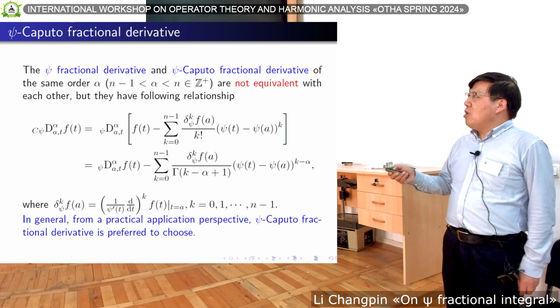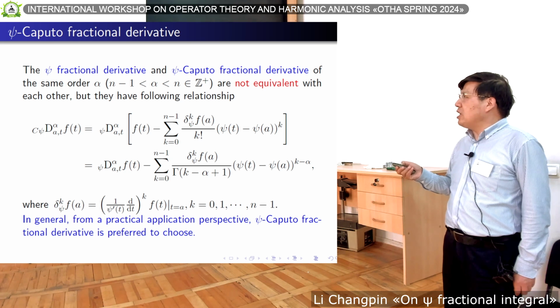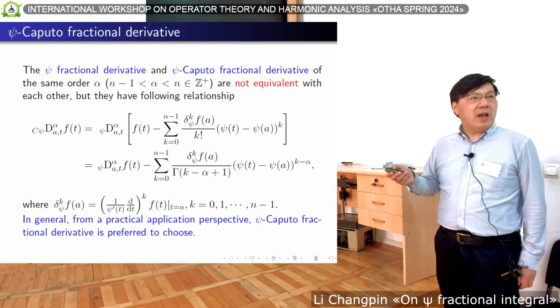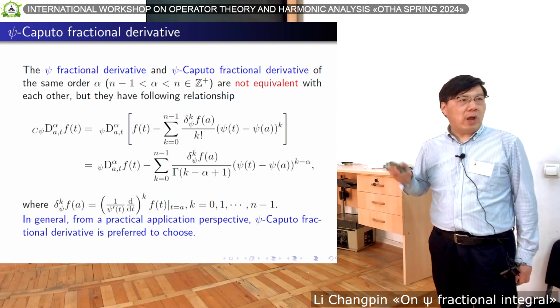In general, from the practical application perspective, the psi Caputo fractional derivative is the preferred choice. I will mention this point later.